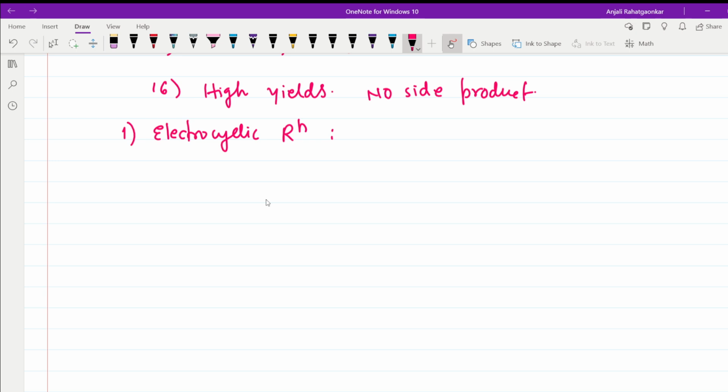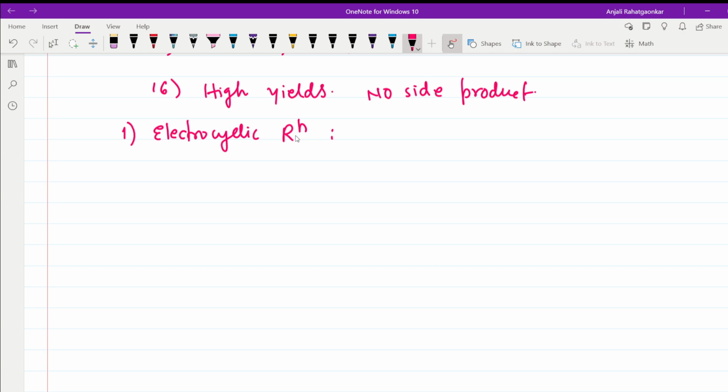So we are dealing with the molecular orbitals of the pi bonds. Pi electrons, pi bonds, pi molecular orbitals are involved in the reactions. The interactions of pi molecular orbitals are seen over here.